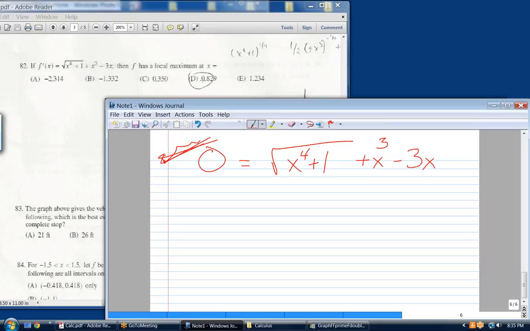Slightly to the right of that, make sure we get a positive slope, and that makes that a local maximum. In other words, we can apply the first derivative test here. If we think this is the answer, then we would plug in 0.8 into this function, and hopefully you have a positive slope.